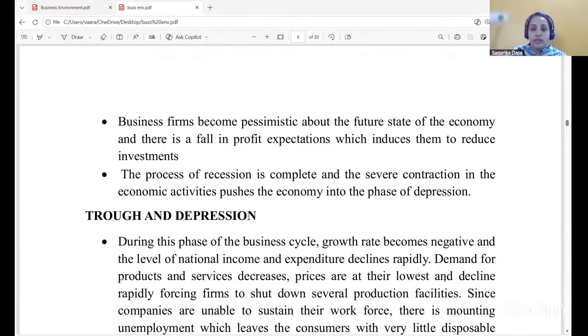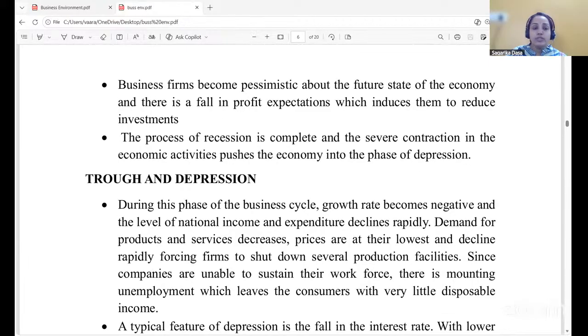Prices are at a lower level and decline rapidly, forcing firms to shut down several production facilities. Since the companies are unable to sustain their workforce, there is mounting unemployment, which leaves the consumer with very little disposable income. This is a particular stage where everything will be in a negative aspect.